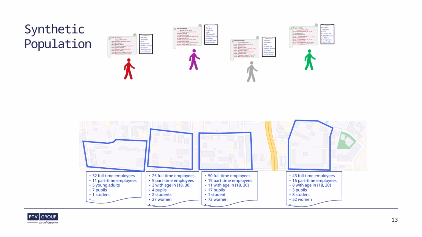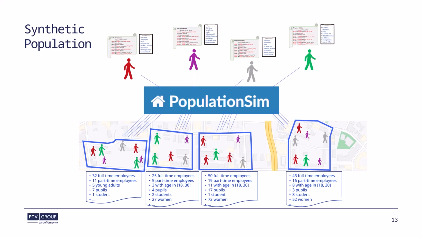And now we need to clone, to duplicate the original sample persons to this model area, to the microzones, in a way that these marginal distributions are matched. And this is done typically by a population synthesizer, like, for example, PopulationSim. That's a software that produces such a synthetic population.